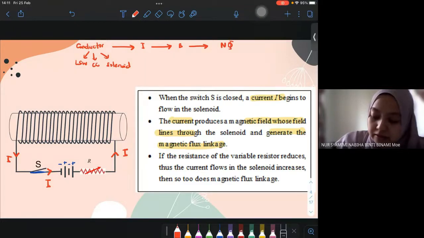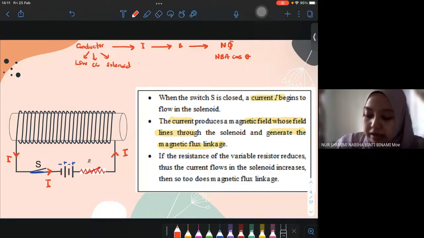Sebab flux linkage ialah NBA cos theta. Kenapa? Sebab dia ada N, number of turn. Okay. Dia ada B sebab B terhasil daripada current. Okay. Dan dia ada area, surface area. Dan dia ada angle between A and B. So bila ada semua sekali, dia akan ada flux.